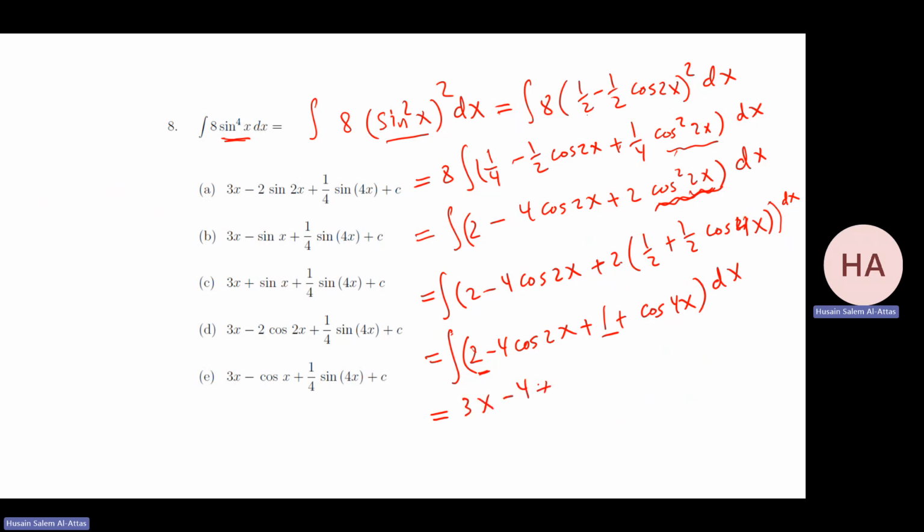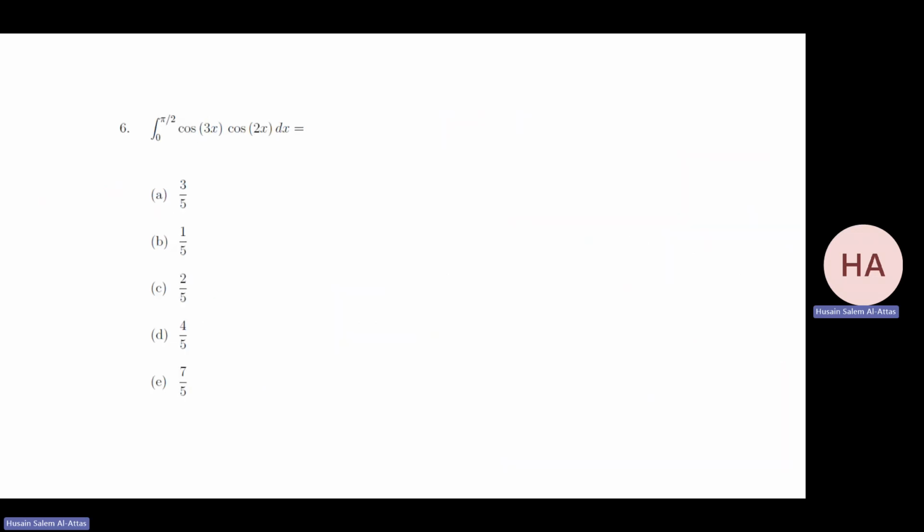This one will be minus 4 times half sine 2x, plus 1 over 4 cosine 4x. Yeah, you can do it by yourself, or you can do it quickly, directly. That will be 3x minus 2 sine 2x plus 1 over 4 cosine 4x plus c.